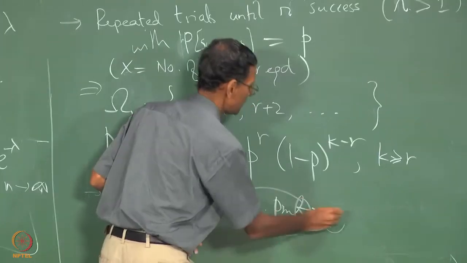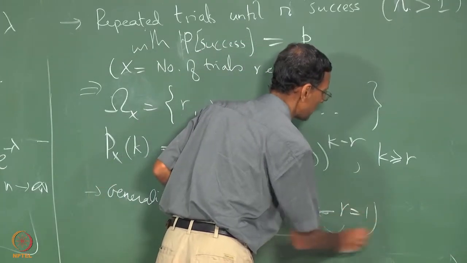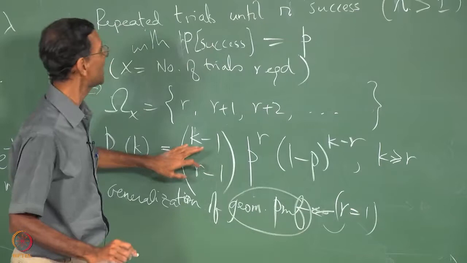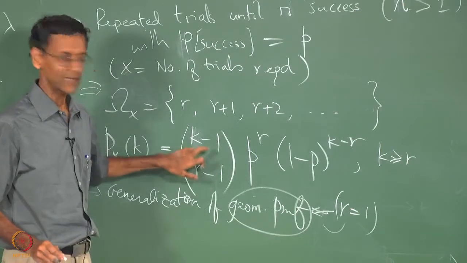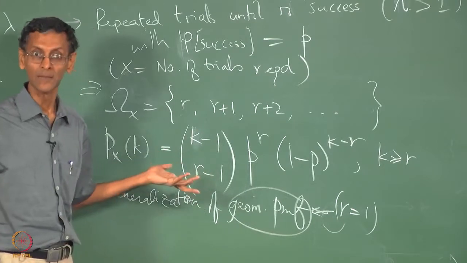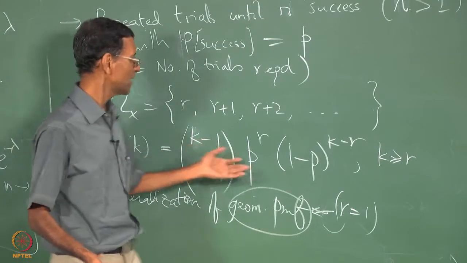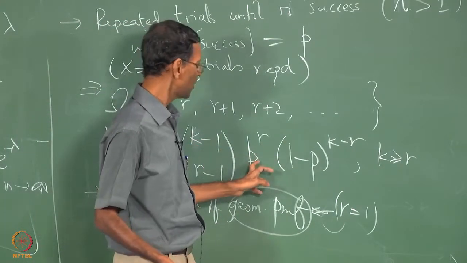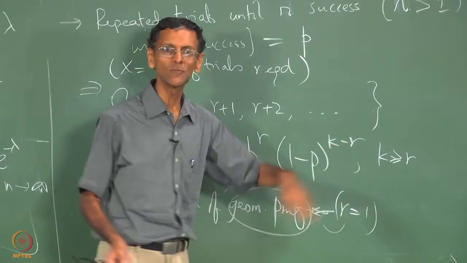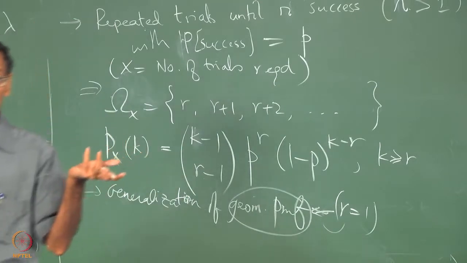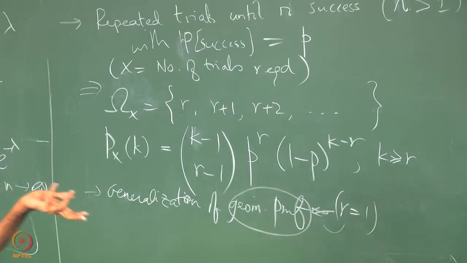This is always 1, right. K minus 1 choose 0 is always 1 no matter what k you take, and you will get exactly p to the power of 1 times 1 minus p to the power of k minus 1, which is exactly what we wrote for the geometric case, isn't it?